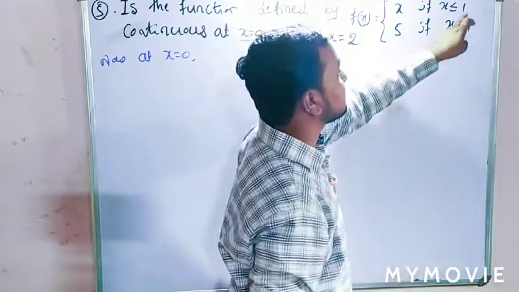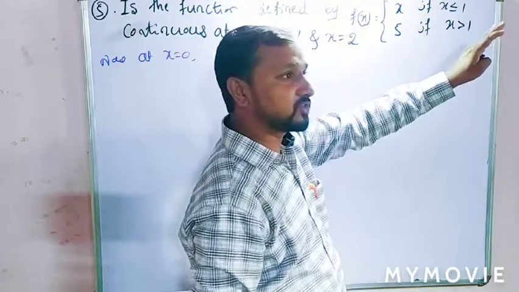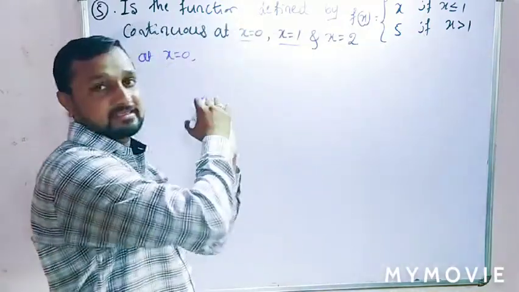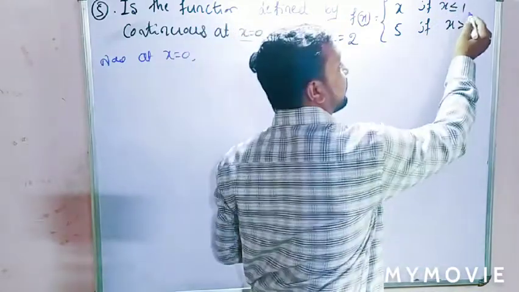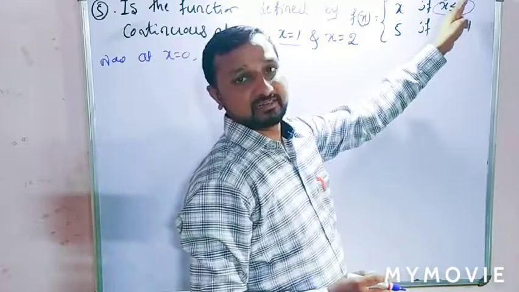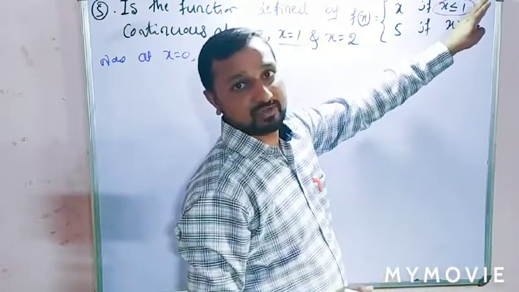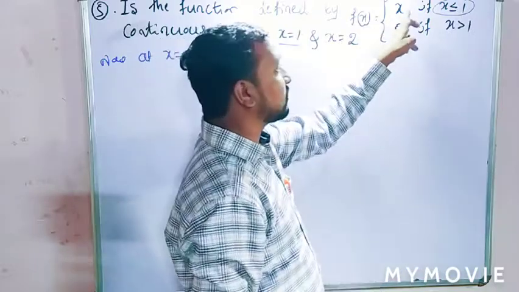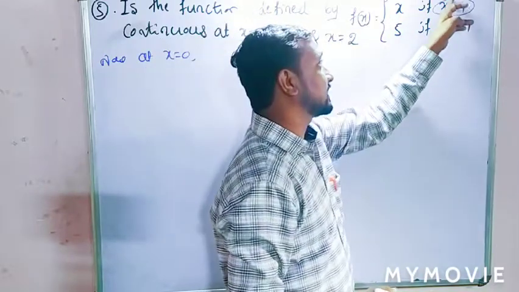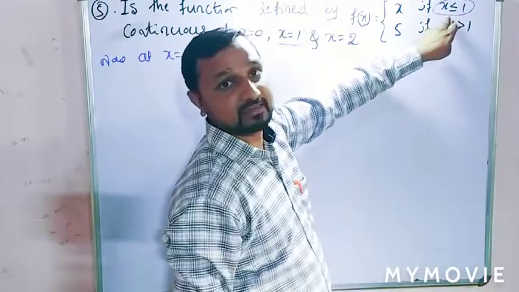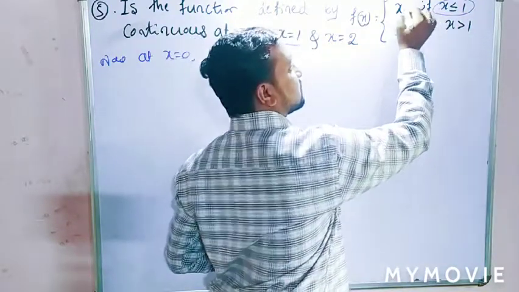Here, x less than or equal to 1 means the value of x should be 1, 0, minus 1 like this. The 0 lies in this condition, x less than 1. So at x equal to 0, the function should be f of x equal to x, because the value of x is less than or equal to 1. So 0 should come in this condition. Correct? So here at x equal to 0 is the function.